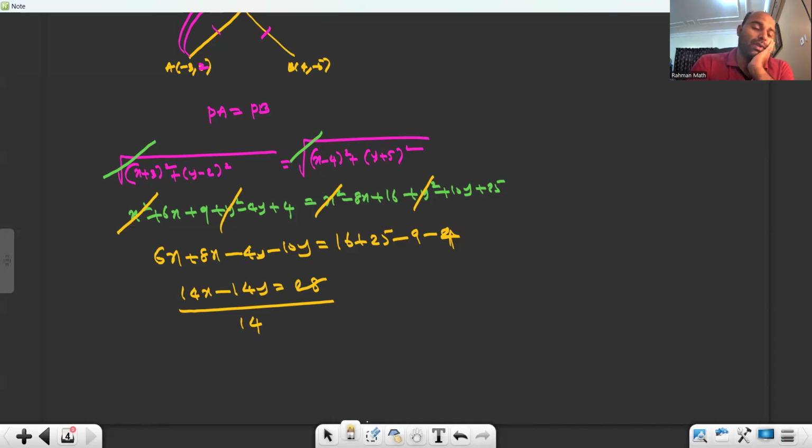You'll get x minus y equal to 2. What do you want to get to? y equal to x minus 2. Just rearrange it. x minus 2 equal to y. 2 came here. This is what you wanted to prove.